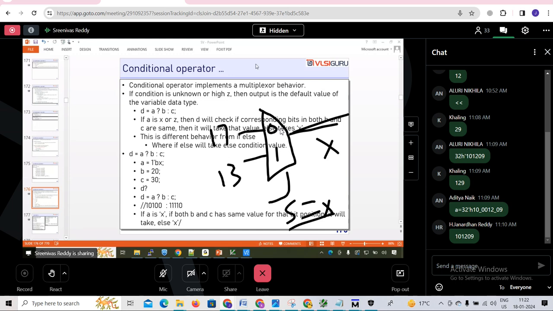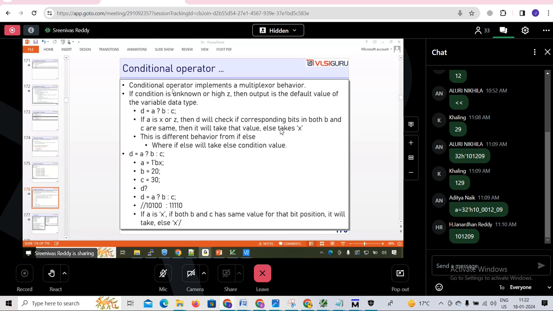Let's read through it once. If the condition is unknown or high Z, the output is the default value of the variable data type. Please read this once.